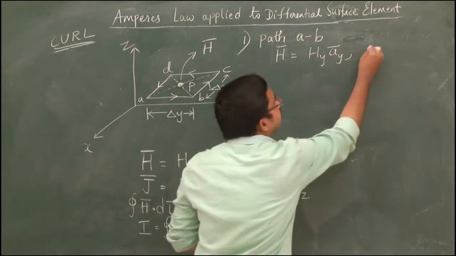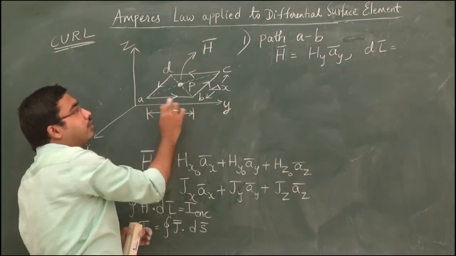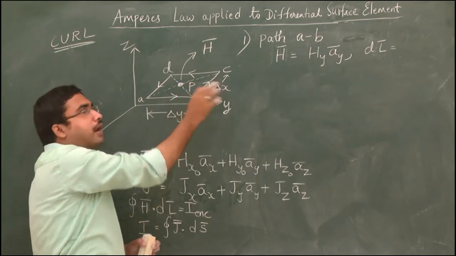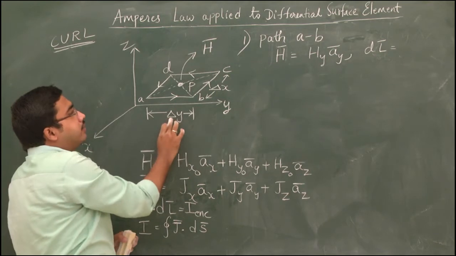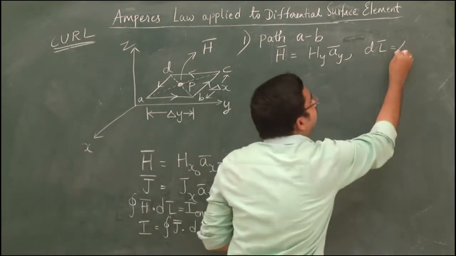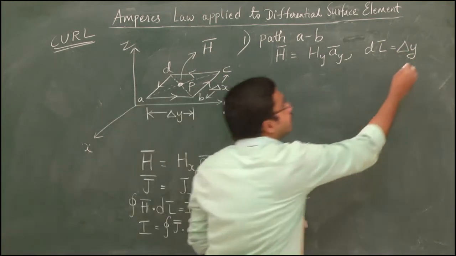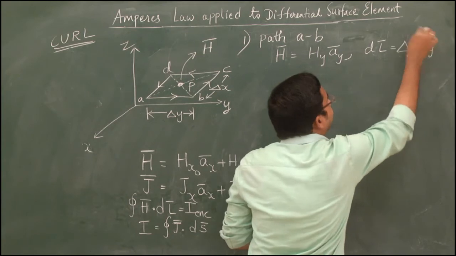When looking at side AB, the length is taken as delta y, its magnitude is delta y, and the unit vector is ay bar.